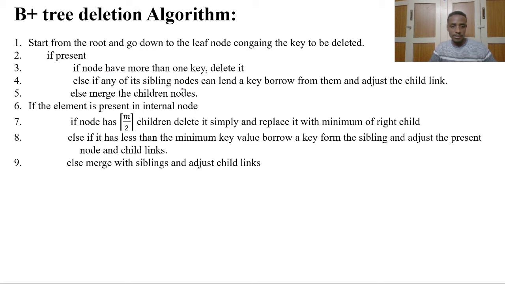Else, if the sibling can lend a key, the deleted key will be borrowed from the sibling, and then we adjust the links. Otherwise, if the case cannot borrow from the siblings, we have to go for merging of children.